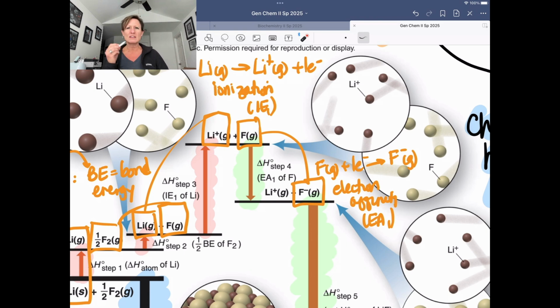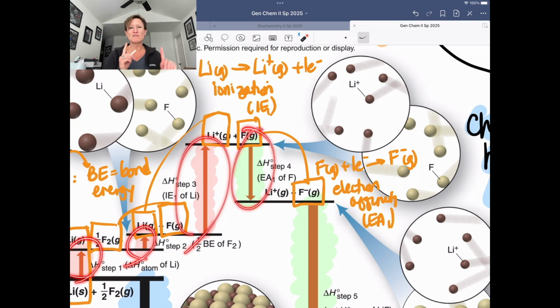It is almost always favorable for an atom to gain an electron. It is always unfavorable for an atom to lose an electron. So now we're starting to sum up our costs and our gains. And if I stopped at this process, this is the energetic point that I'd end up with, and I would have gone uphill in energy.